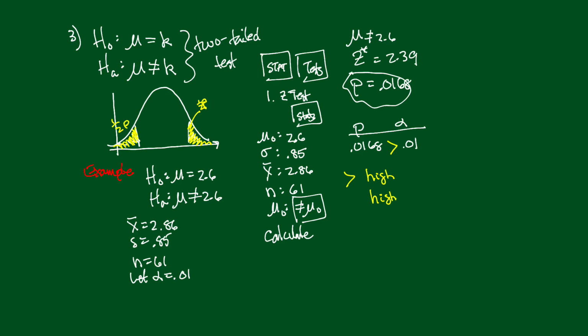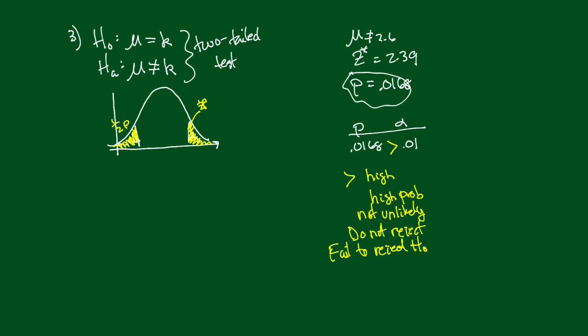This is a high probability, and if it's a high probability, I'm thinking it is not unlikely. And if it's not unlikely, I do not reject. So in this case, I would fail to reject H naught.